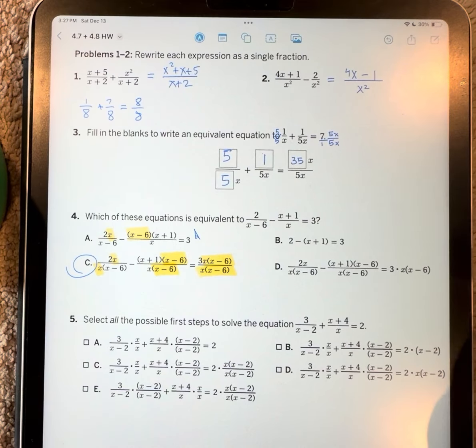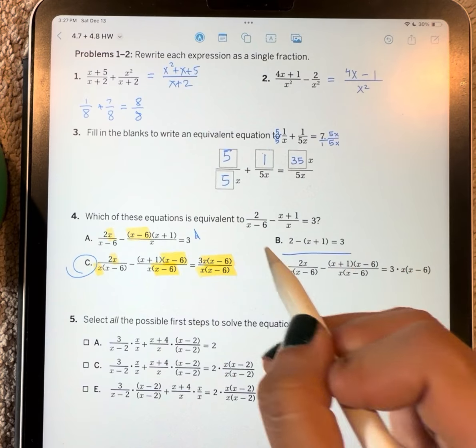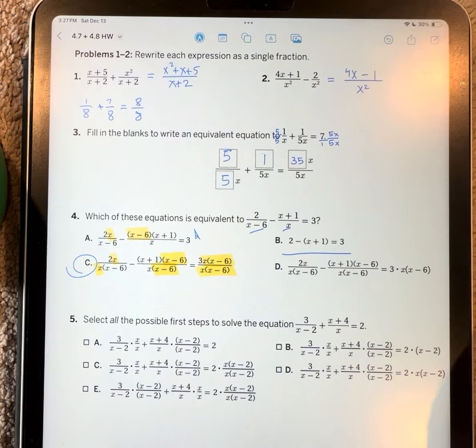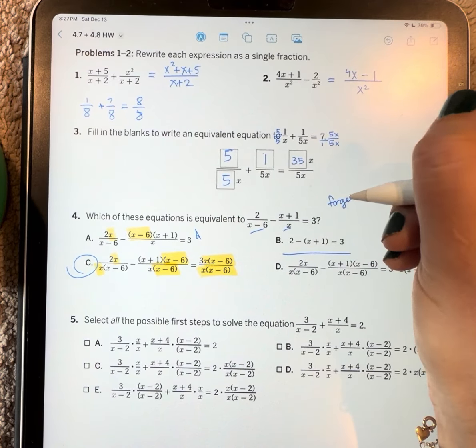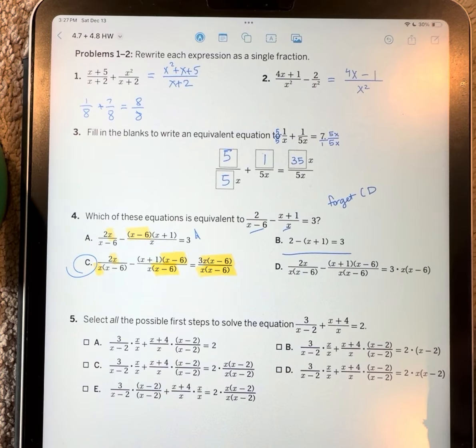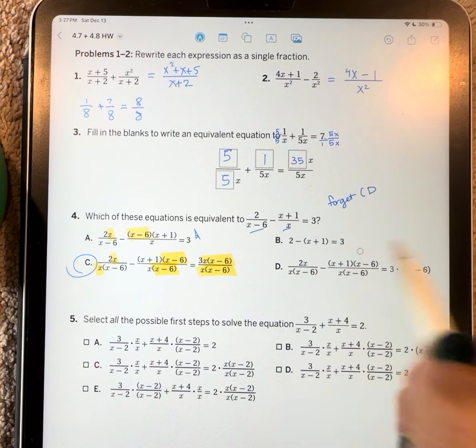They did it. They figured it out, you guys. Okay. This one is bad because they forgot the denominators, but you can't forget denominators. You can forget common denominators, but not uncommon, not mismatching denominators.